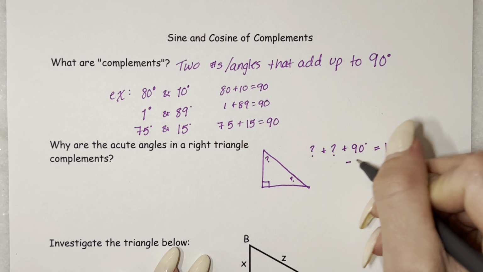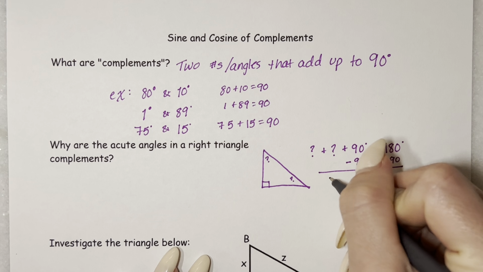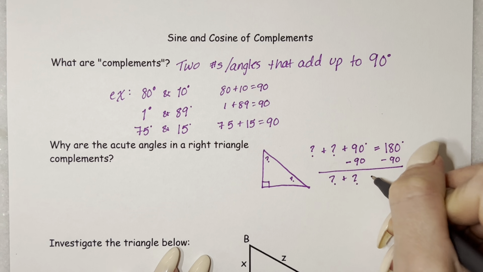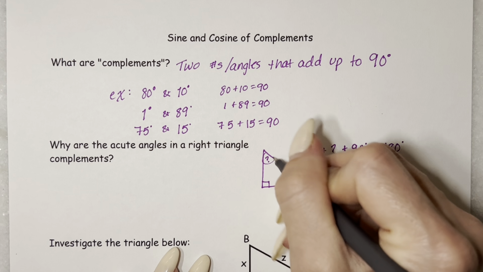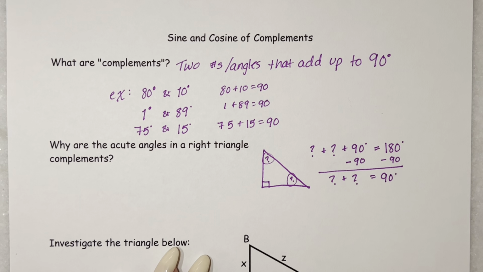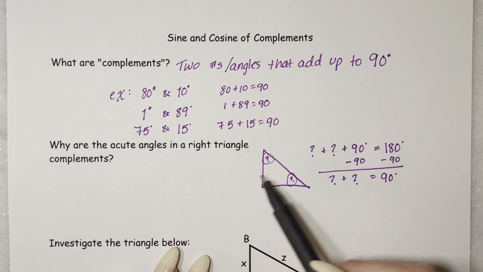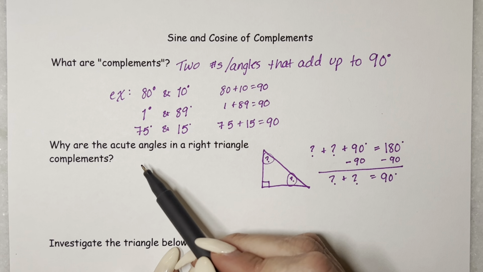Well, if I move this 90 to the other side using algebra, I would see here that these two angles that I don't know should actually add up to the remaining 90 degrees. So therefore, the two acute angles of a right triangle are always going to add up to 90 degrees.